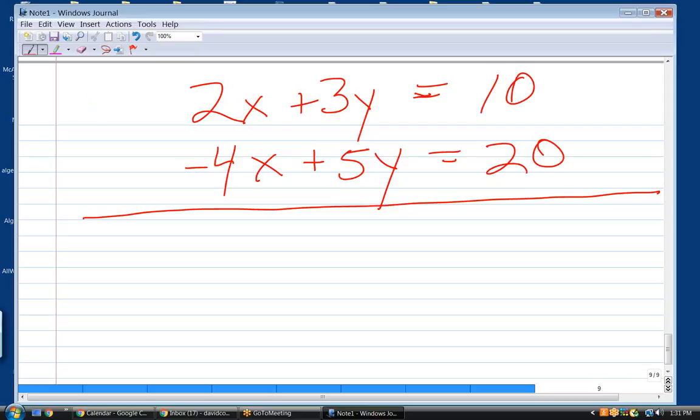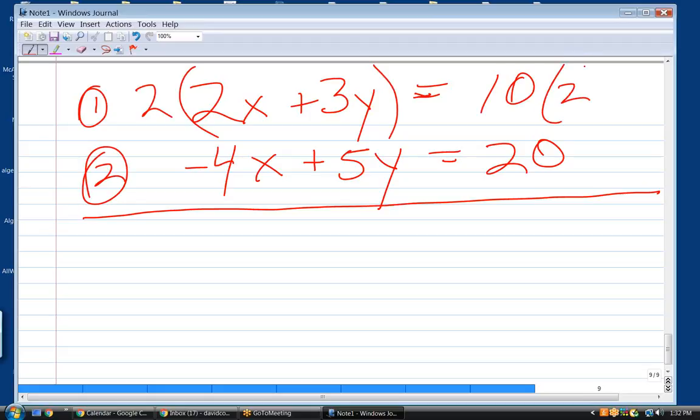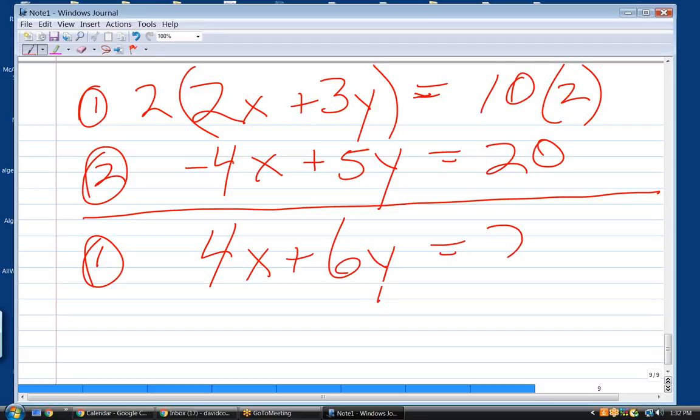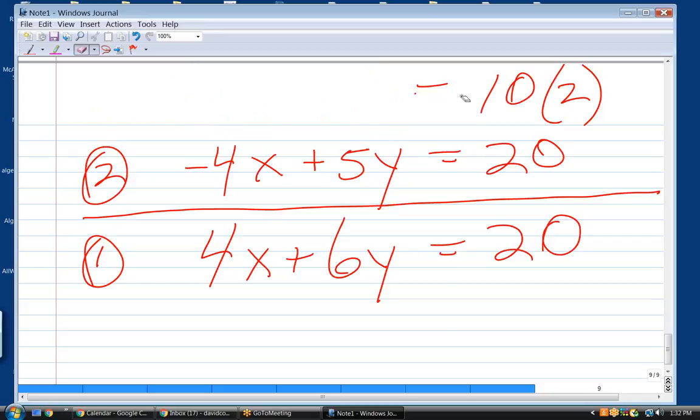Notice what happens. I'm going to label these equations 1 and 2. I'm going to take the top equation and multiply it by the number 2, which means I have to multiply the right side by 2. And what it becomes is really the same equation. It's just 2 times bigger on both sides. Okay? Now, that's my new equation 1.